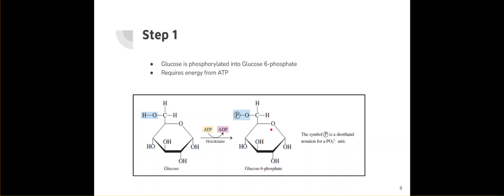But as the concentration of this goes up, this actually acts as an inhibitor on this enzyme so that you don't have this runaway reaction here, just burning up all of your glucose into this form if your body doesn't need it. As this drops, then your hexokinase is going to be active again, and you'll start breaking down glucose again. Make sense?